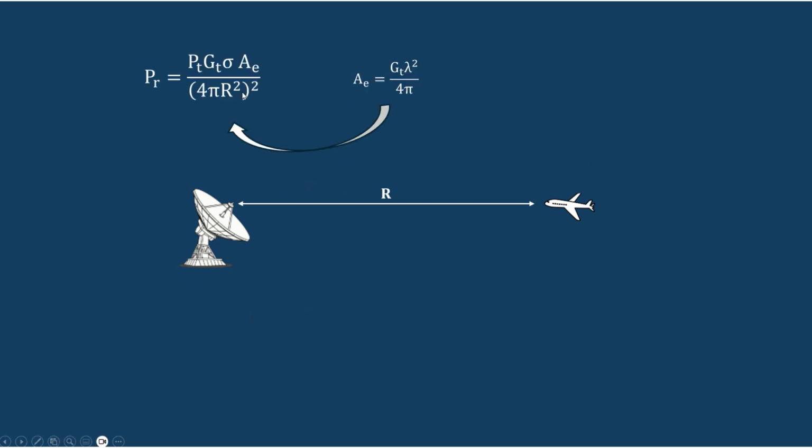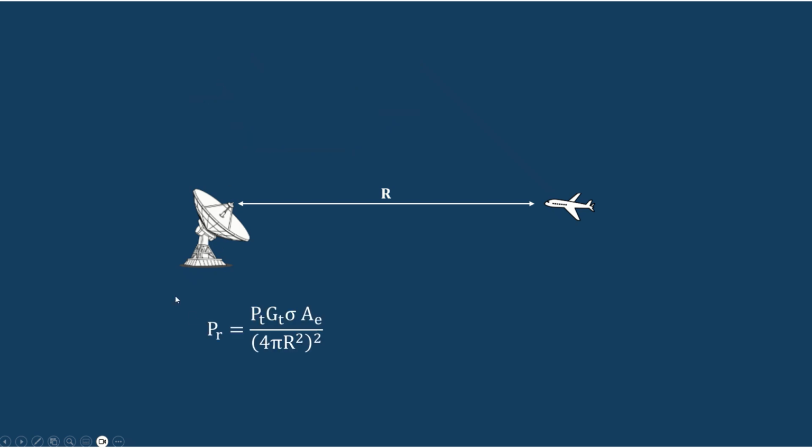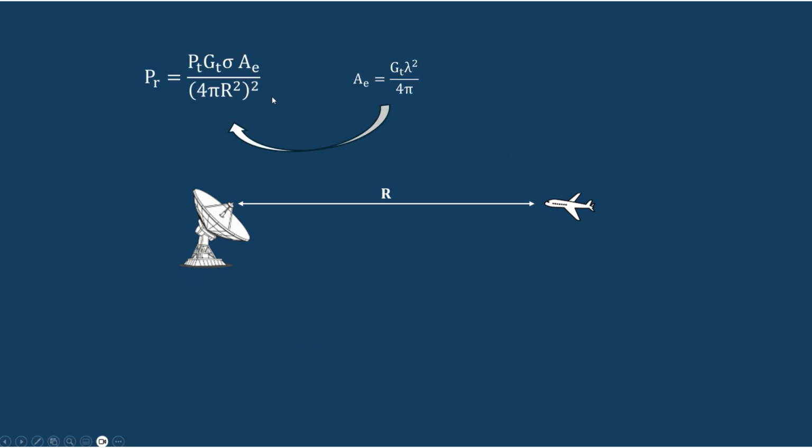So from this we calculated the total received power equal to Pt Gt sigma Ae by 4 pi r square the whole square. So this is the equation for the total received power. And this effective area is related to the gain of the antenna by this equation: effective area is equal to Gt lambda square by 4 pi.